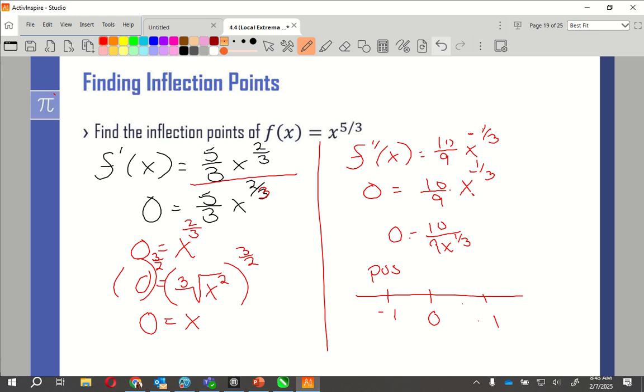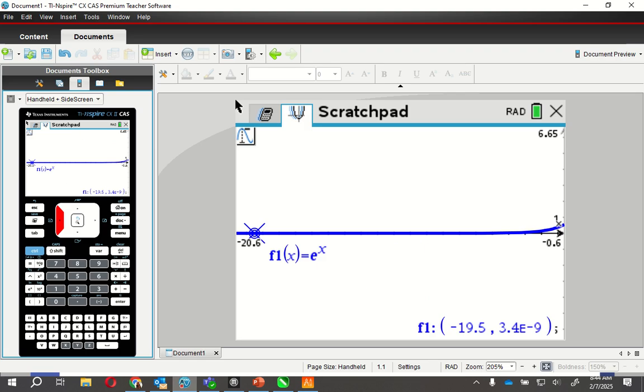Do the same thing at, I'm sorry, at positive 1, I get the same thing also, it's positive. So I have positive, positive. What does that tell me about that? So let's go over here.